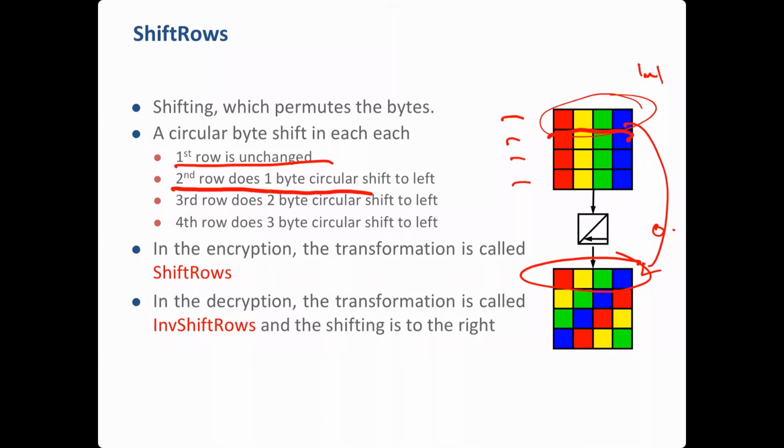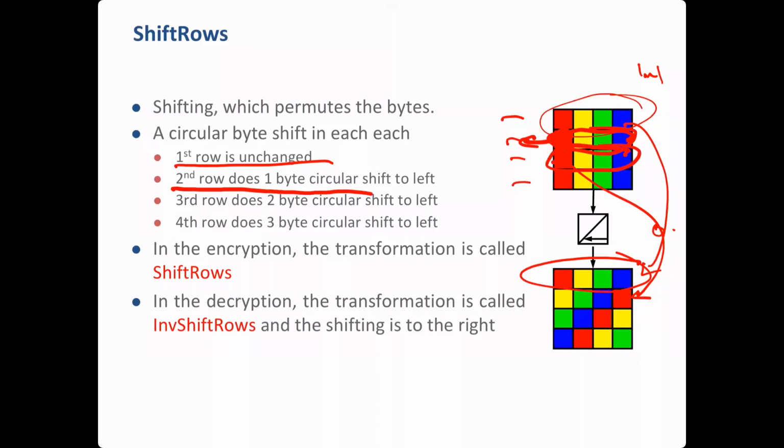And then for the second row, we do a 1 byte circular shift. So now the second row, we have shifted one byte towards the left. So this red here comes here. Now take the third row, then shift it by 2.